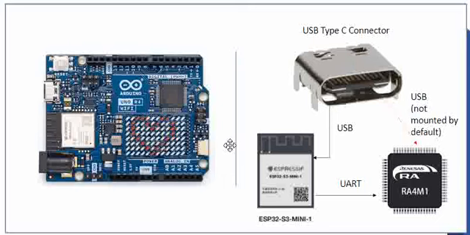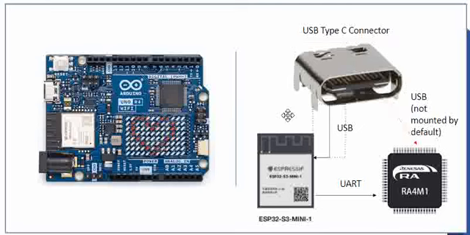Now, when we come to Arduino Uno R4, there isn't anything like a separate USB to UART conversion. The ESP32 chip, which is there, itself acts as a USB to UART bridge.